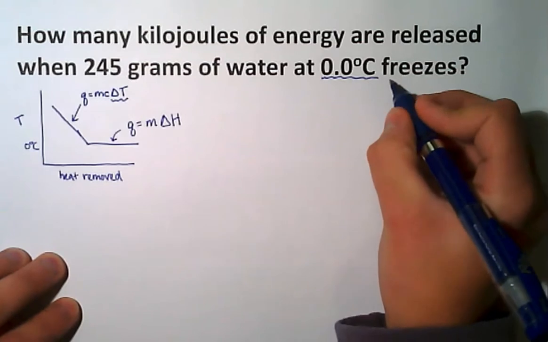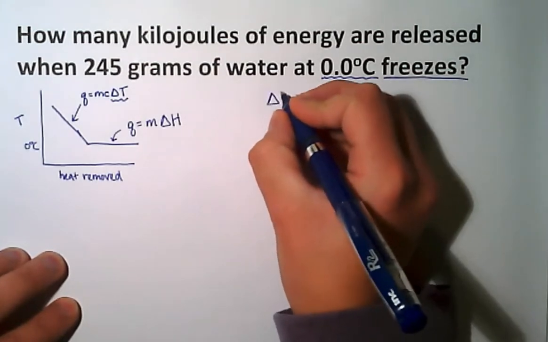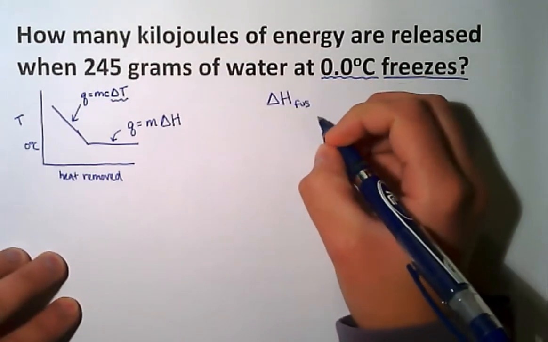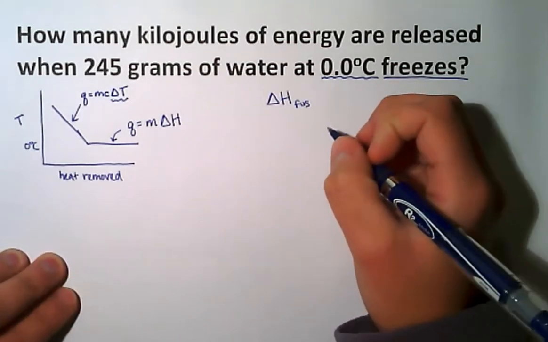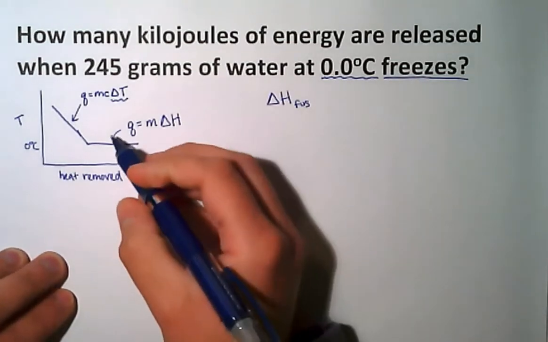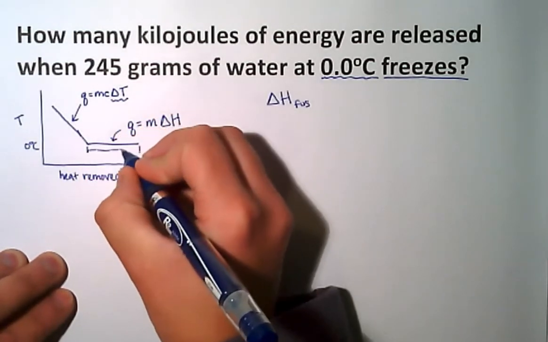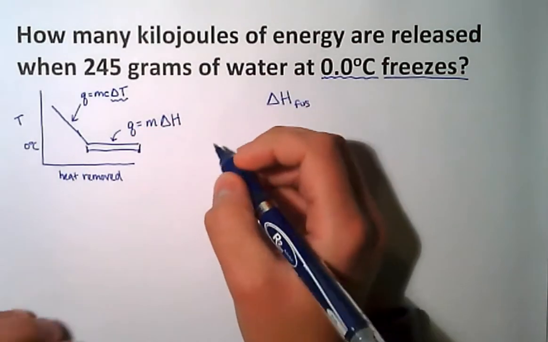And in this case, our water is freezing, so we're going to use the value for delta H of fusion. Fusion being melting, but of course the opposite of melting would be freezing, which is what we're talking about here. So all we need to do is figure out the amount of heat energy released in this portion of the graph here, and we'll have our answer.